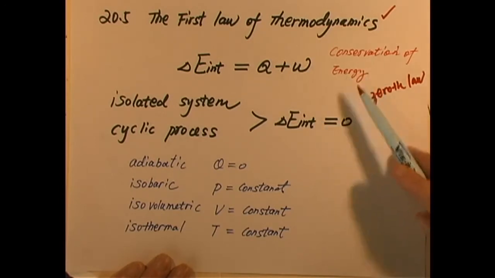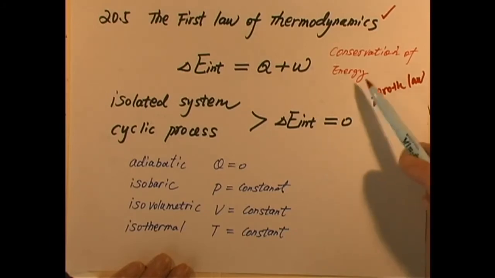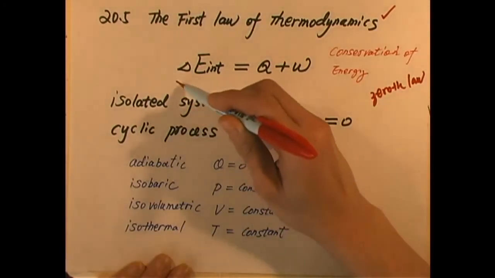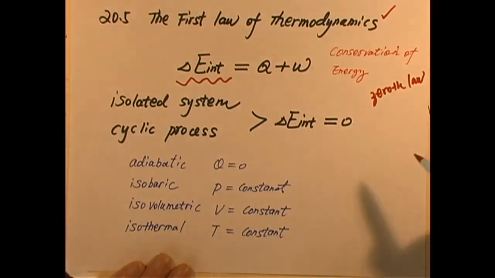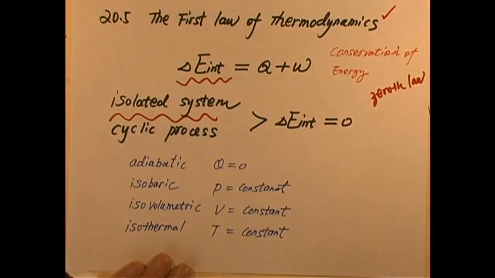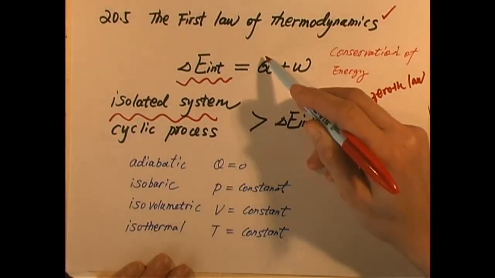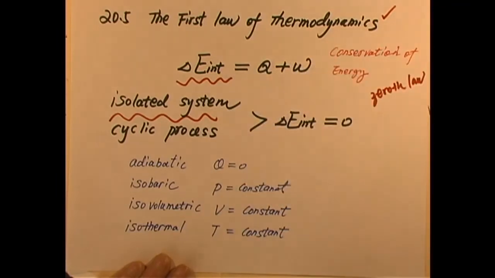Now here we go, the first law of thermodynamics. That actually is about conservation of energy. What does it say? It says the change of internal energy of a system equals the heat added to the system plus the work done to the system.